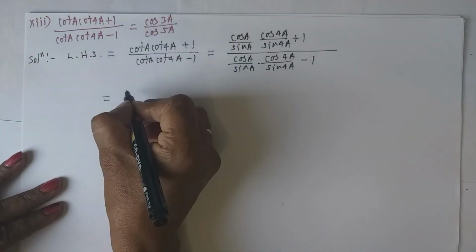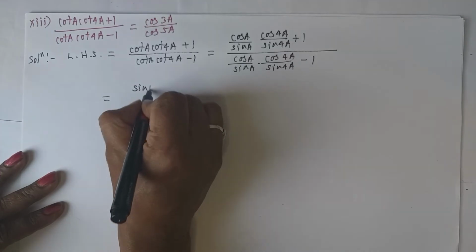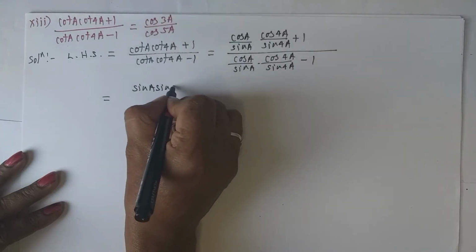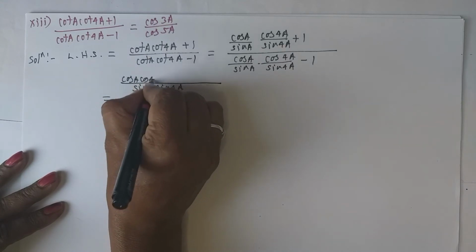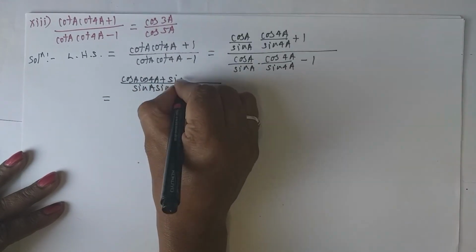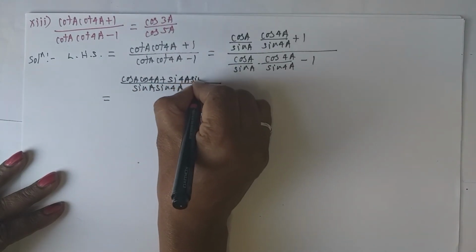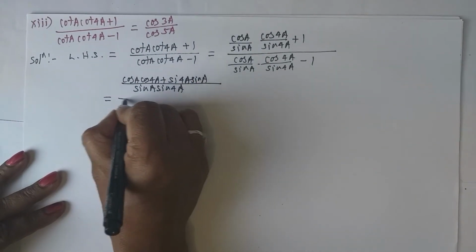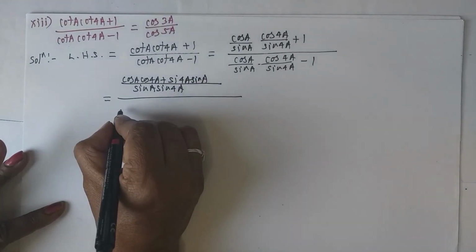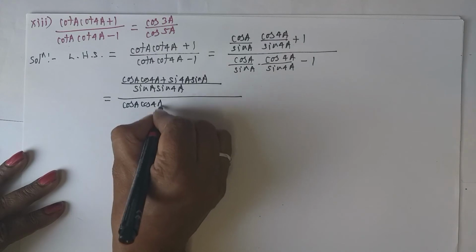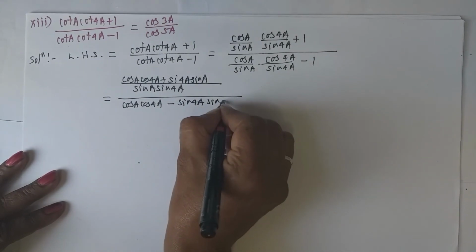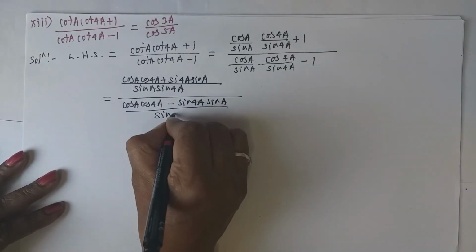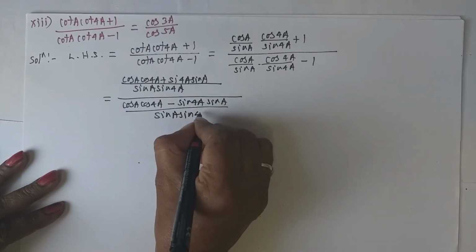Then I will simplify this. I will take LCM for the numerator, that is sin A sin 4A, and in the numerator cos A cos 4A plus sin 4A into sin A. Okay, divided by, this will be cos A cos 4A minus sin 4A sin A divided by sin A sin 4A.